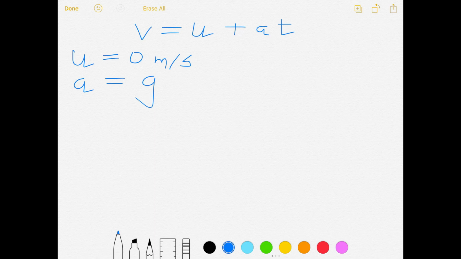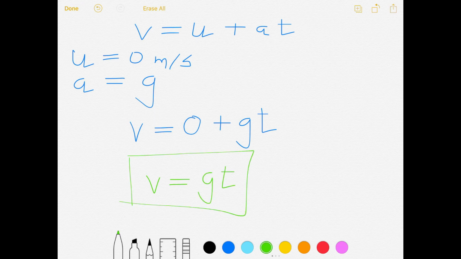So making these two changes, the next step of the equation will look like this: v is equal to 0 plus gt. Now generally we do not write 0 in the equation, so the final step of the equation will look like this: v is equal to gt. So by keeping a few things in mind, the first equation can be modified like this.